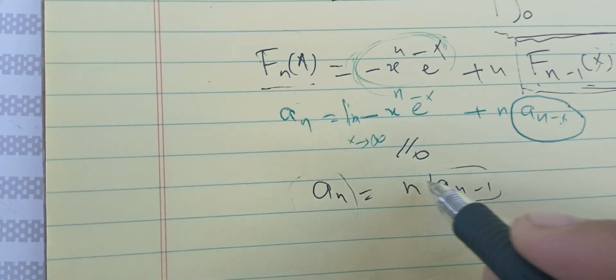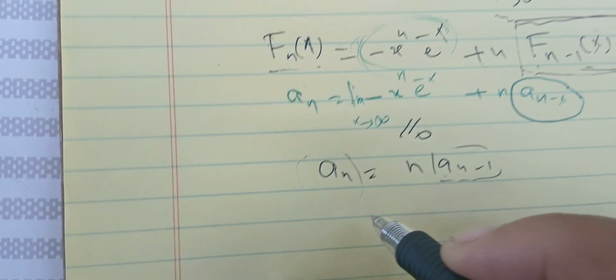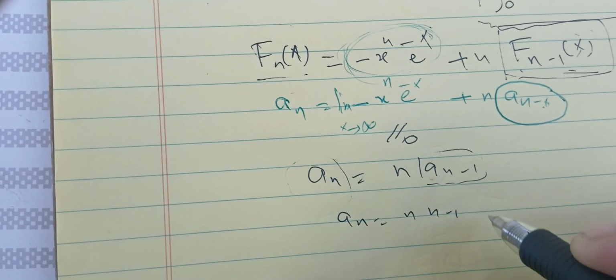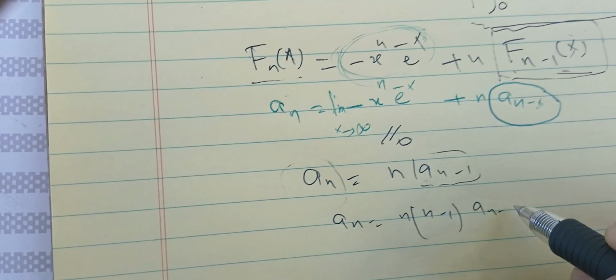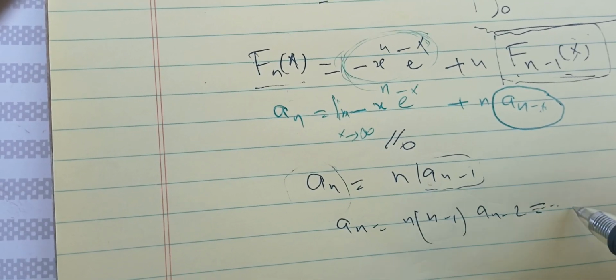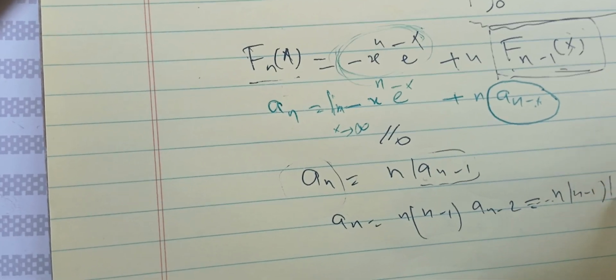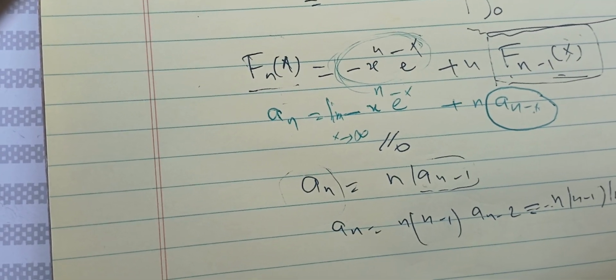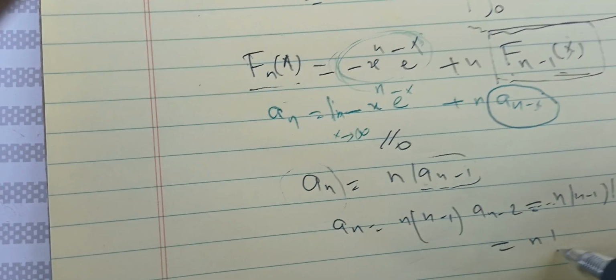And that's how we prove this result, by just using induction. In fact, we can use this result to prove that a_n is n times n minus 1 times a_(n-2), and it's n times n minus 1 times n minus 2 until a_1, and we get n factorial.